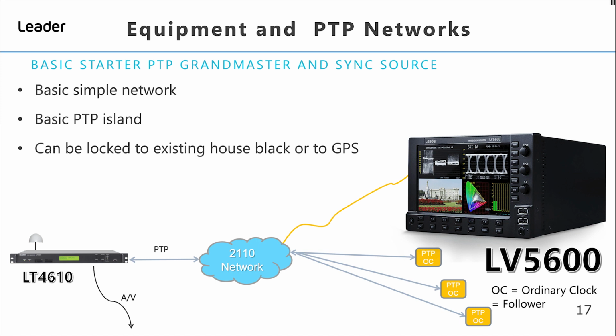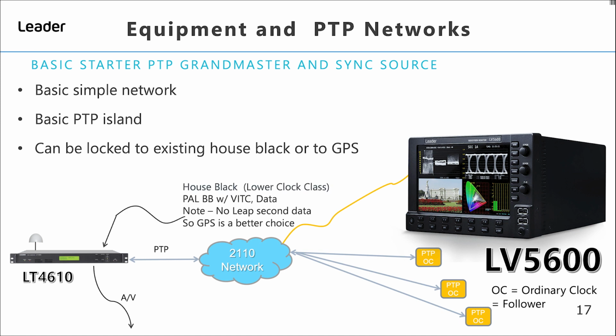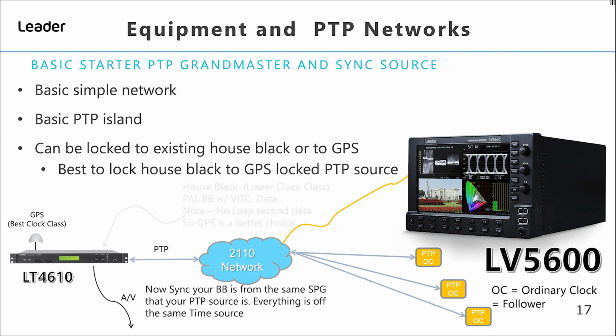If you're adding this to an existing network, you can lock your PTP generator to your existing house black. Now, it's a good way to learn how things are going, but it's not the best choice for long term, because the clock reference off of house black is not nearly as accurate as your house reference if you were to come in off of GPS.